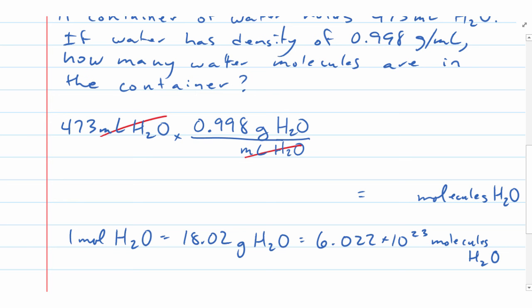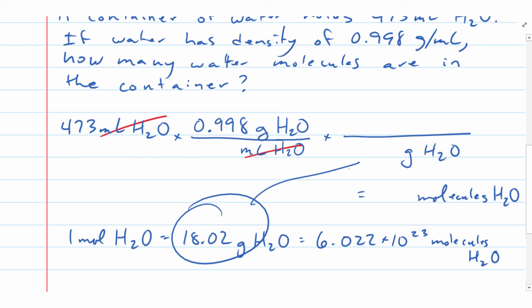Now the purpose of writing the entire conversion down like this is to help us determine what we plug in here. What do we need on the bottom to cancel out? What do these units need to be here? Grams. And what's the number that goes with the grams? Right, we have 18.02 grams, which is going to go in right here.